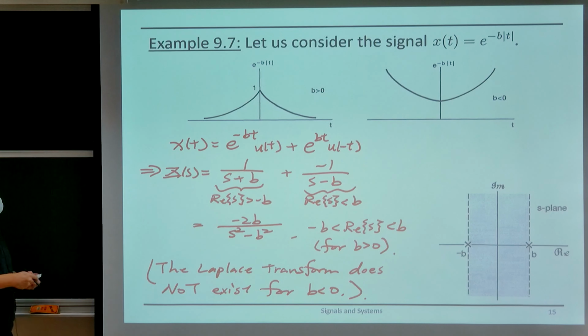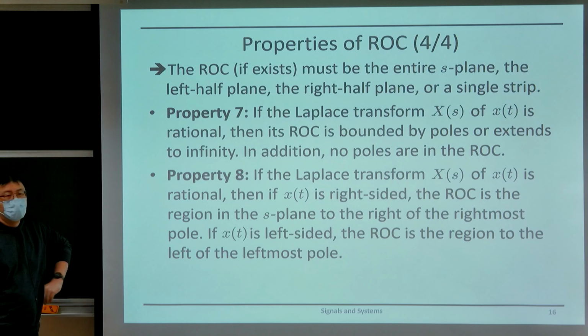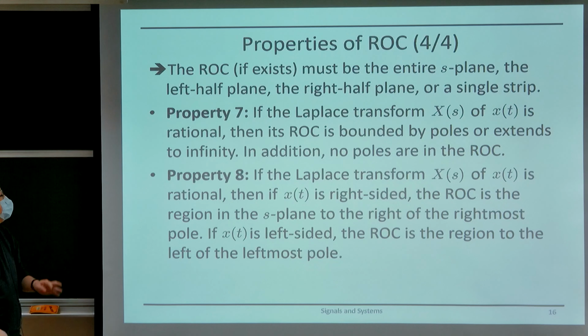All right, so concluding all these points that we just mentioned, we get the following summary, okay? So we know that if the region of convergence exists, then this region of convergence must be only one of these four possible cases.